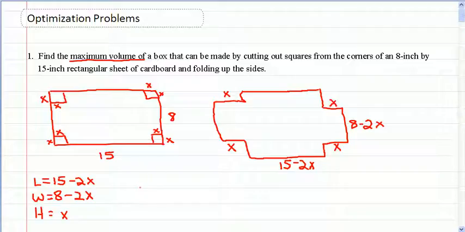Since we're asked to find the maximum volume, we want to first find the volume of a rectangular box, which is length times width times height, and then substitute the length, which is 15 minus 2x, the width, which is 8 minus 2x, and the height, which is x.